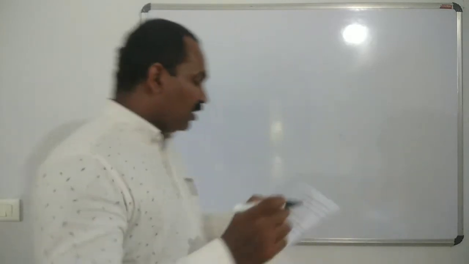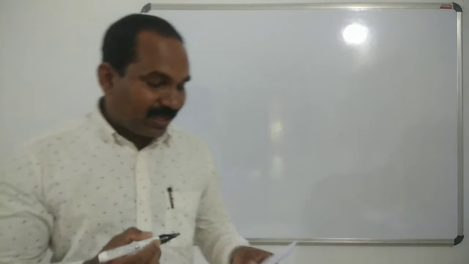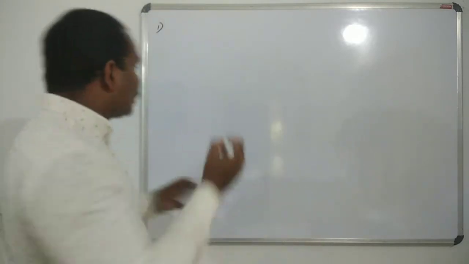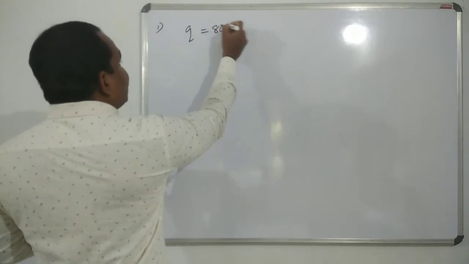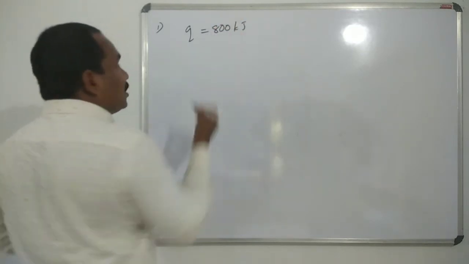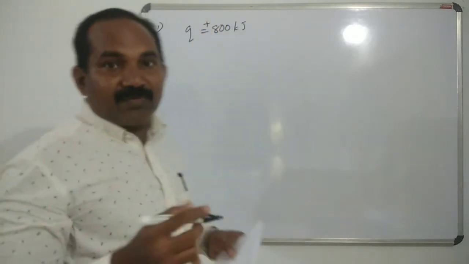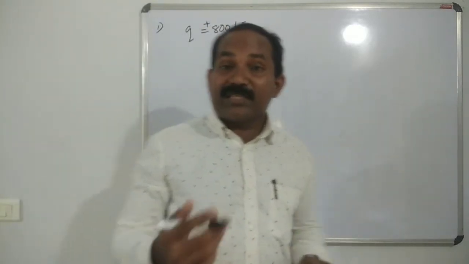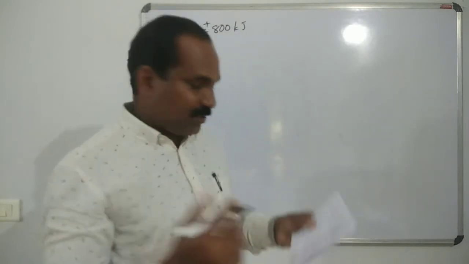Calculate the change in the internal energy. The question is based on the internal energy change and the heat absorption. So here the system absorbs 800 kilojoule of heat. Absorbs means positive side. You know that when the system absorbs heat energy, it is positive, and when the system liberates heat, it is negative.